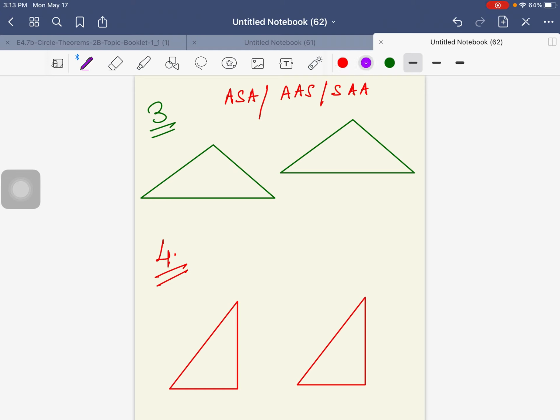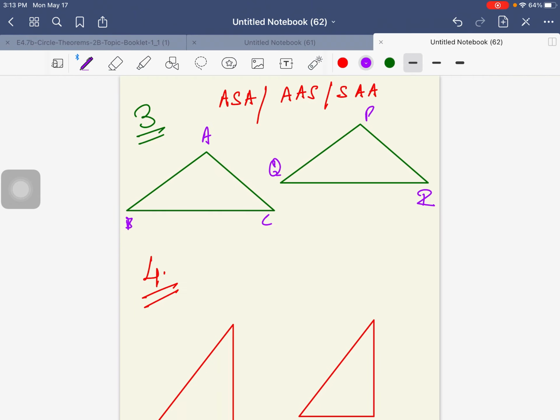So this rule states that if I take triangle ABC and triangle PQR, corresponding two angles and a side are equal, meaning two angles from one triangle are equal to two angles in the other triangle, and one corresponding side. It doesn't matter whether the side is between the equal angles or not, because this pattern is not rigid: ASA, AAS, SAA. So we need two angles. We don't mind if the side is not between the equal angles.